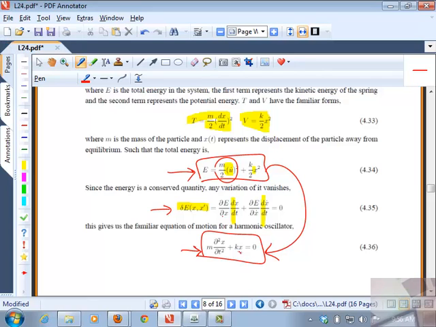I'm taking the derivative with respect to x dot. I think that should have been an x dot there, right? So it is u squared, the derivative of that with respect to u. u is the same as x dot, okay? So you'll get 2u du/dt, right? Yeah, du/dt. So that is m.